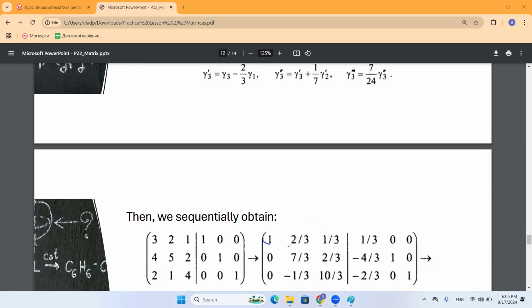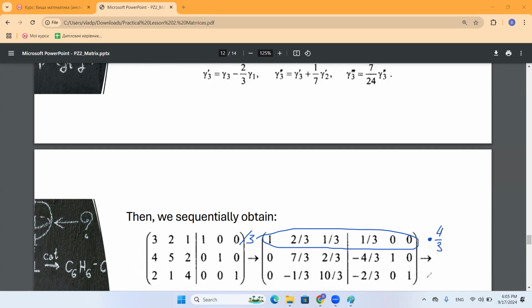The first row is divided by 3. Then I multiply it by 4/3 and subtract it from this line.